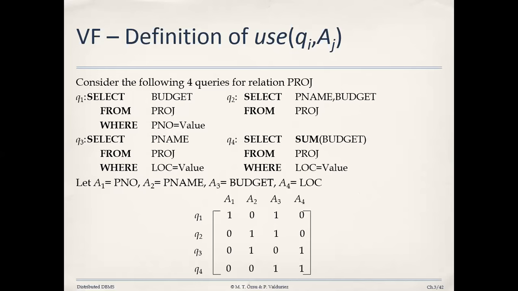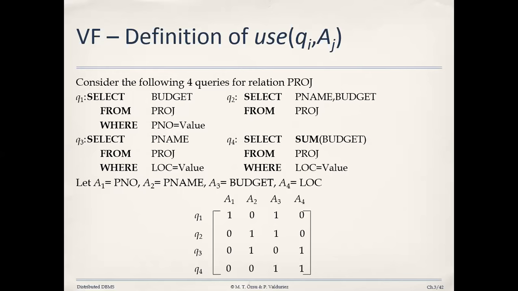P number is A1, so the value is 1. A2 is P name. In Q1 there is no P name, so the value will be 0. In query 1 the budget is there, so A3 is 1. And LOC, that is location, is not there in query 1, so it is 0.